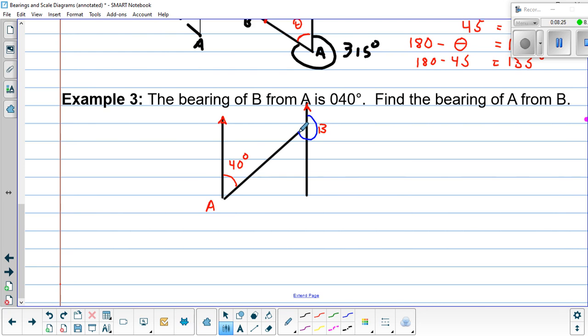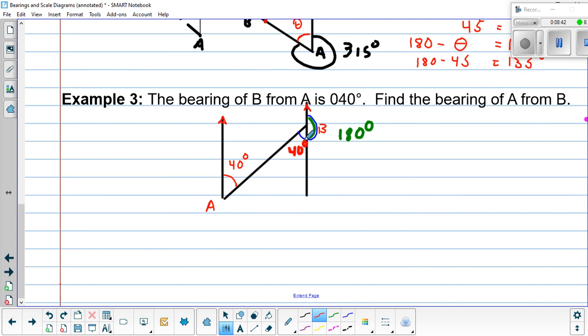Sometimes when you stretch your north line the other direction can be really helpful, because we know that this part in green is 180 degrees. And we know that this is 40 degrees because that's an alternate angle.